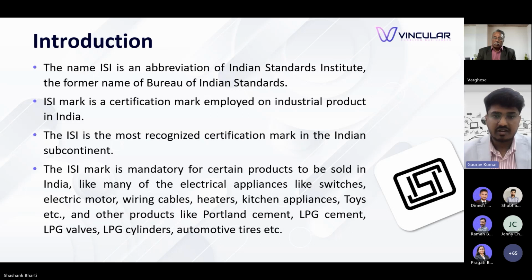A few names: electric motors, switchgears, PVC cables, wiring cables, heaters, all the kitchen appliances, toys, Portland cements, LPG cylinders, LPG valves, automotive tyres. These are all ISI marked and covered under the mandatory regime of Scheme 1 of Schedule 2 of BIS certification. Can we have the next slide, please?